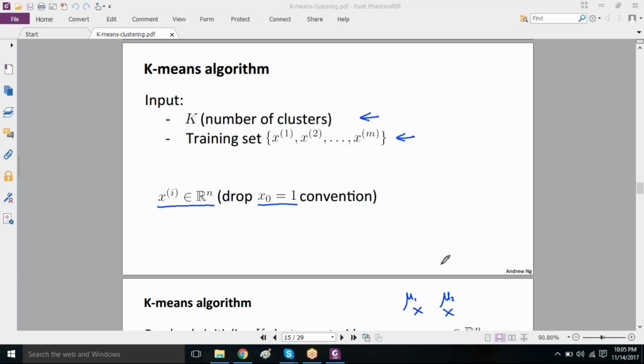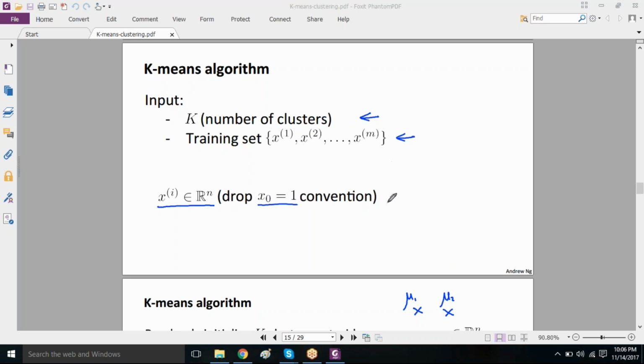This k will tell you how many clusters you are going to find. So minimum you have to provide two, at least two, there is no meaning of one cluster. So like that, you will give the input as k and the training data, and you will get the model.